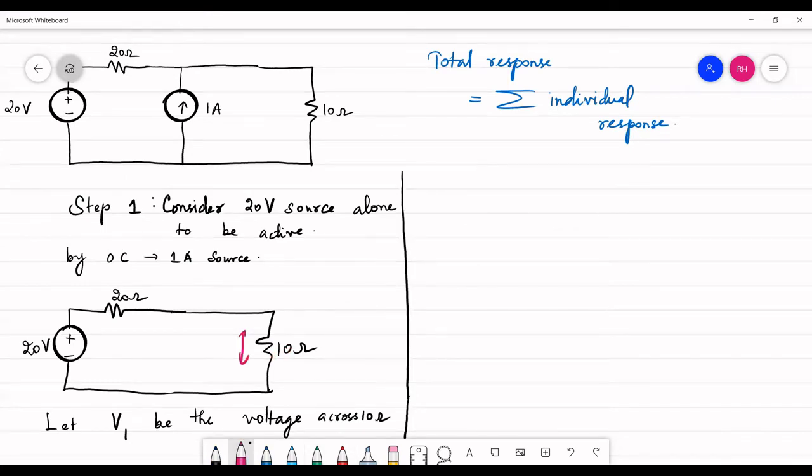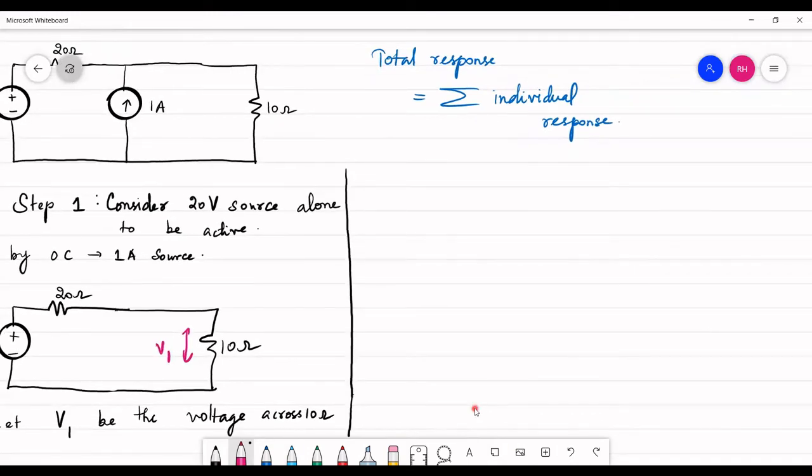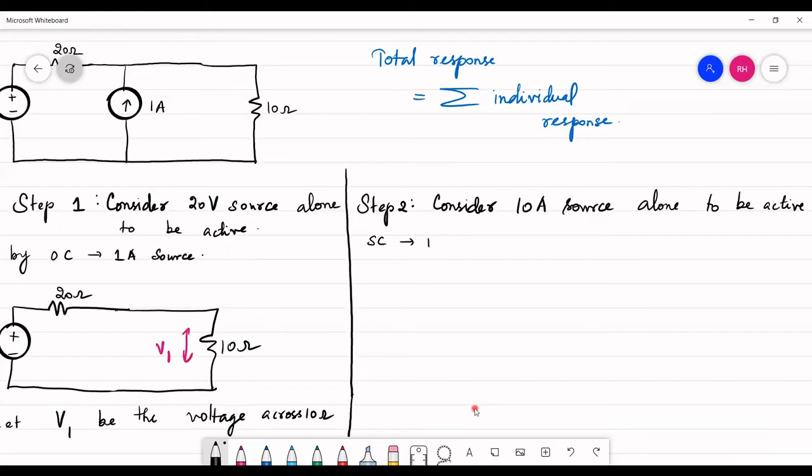So here you're going to say it is V1. And then now let me simultaneously discuss the next step also. So step 2 is going to be where you're going to consider 10 ampere source alone to be active. So if you consider 10 ampere source alone to be active, then you are supposed to short circuit the 20 volt source.